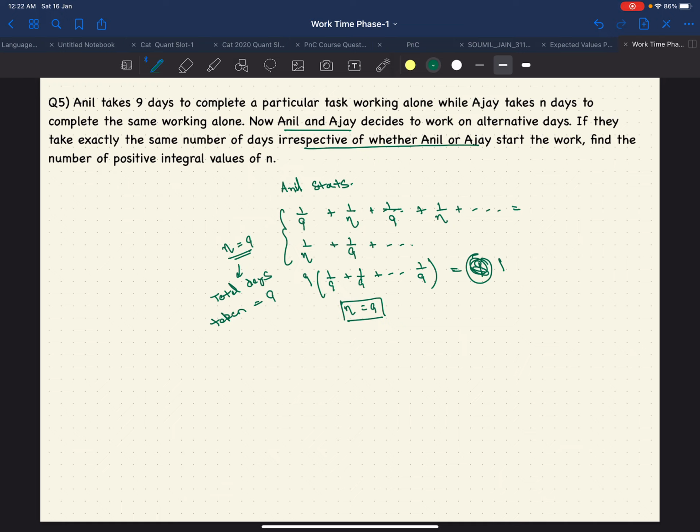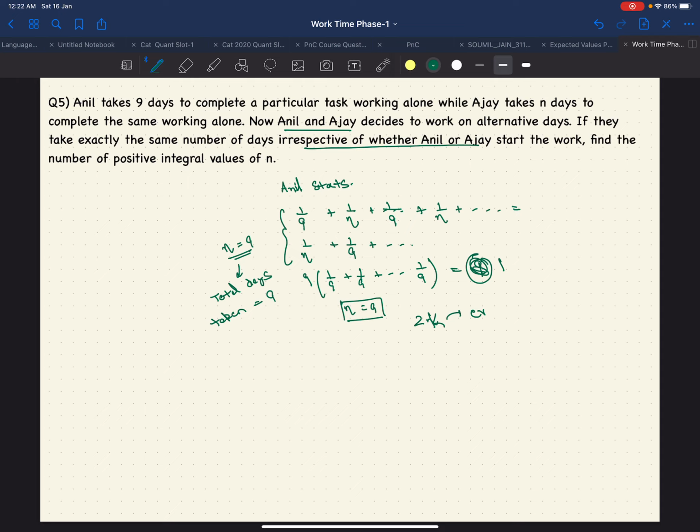Now, the next point is, we are given that irrespective of whether Anil or Ajay starts, they both finish the job in the same number of days. This is only possible if there is an even number of total days.